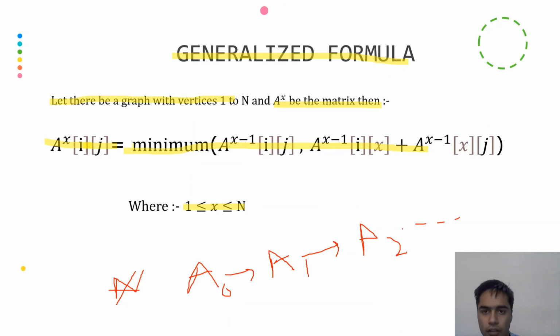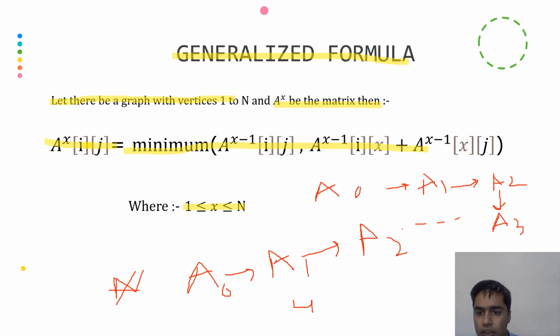Here in the previous example, we are not going to create 4 different matrices, but instead we are going to convert our initial matrix A0 to A1, then A1 into A2, then A2 into A3, and finally A3 into A4, and this matrix A4 will represent our solution.